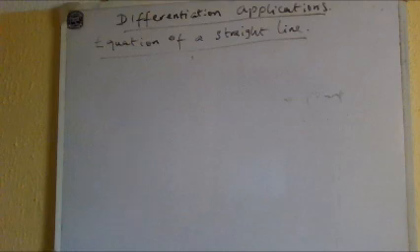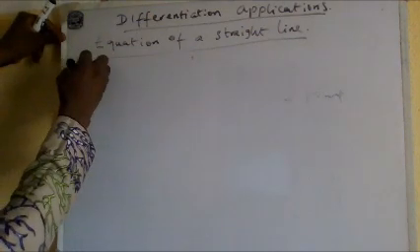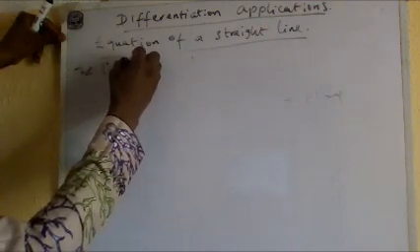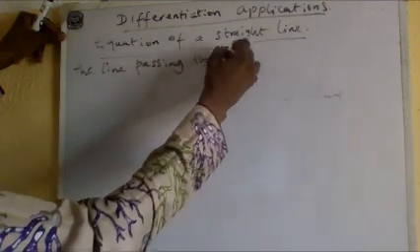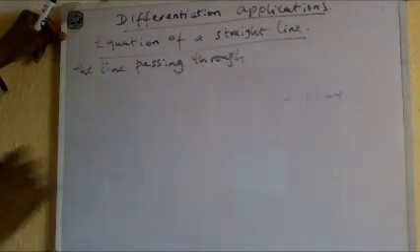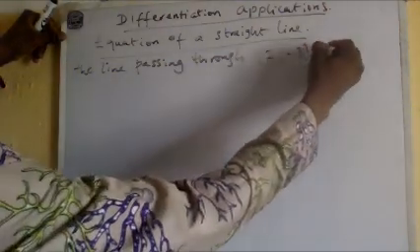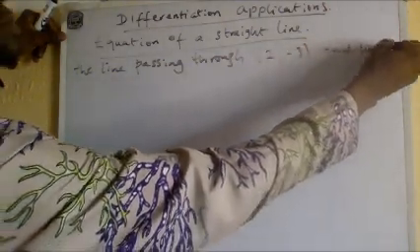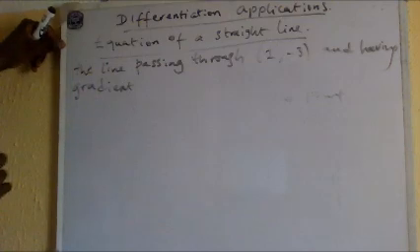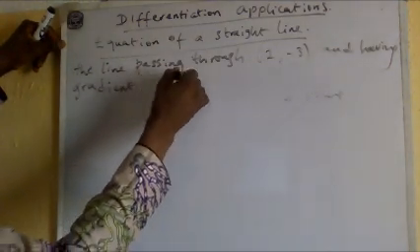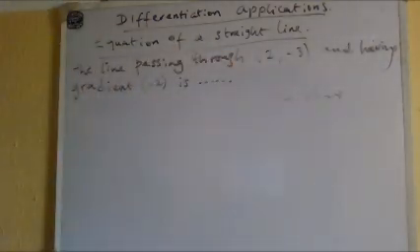If we are given, say, the line passing through 2 and -3, and having gradient -2, they are asking you to find the equation of the line.